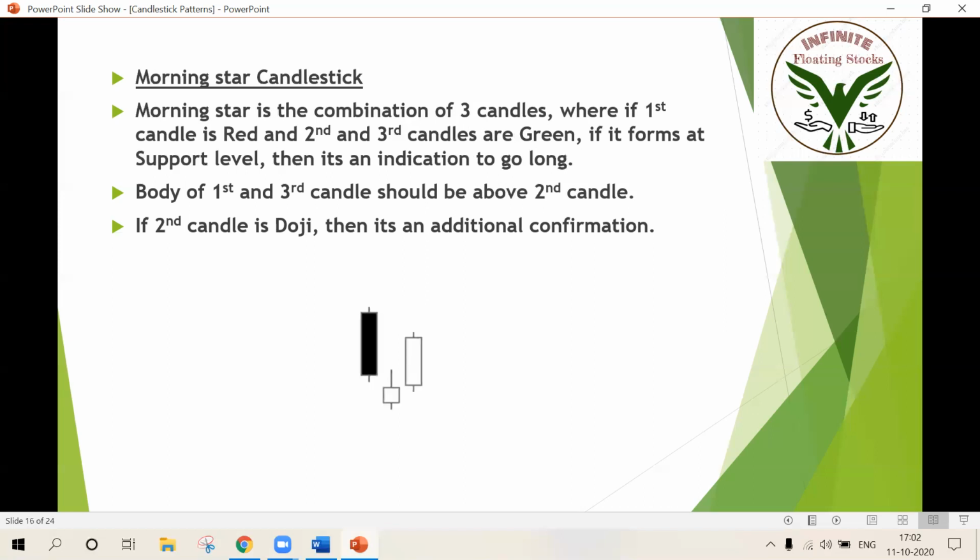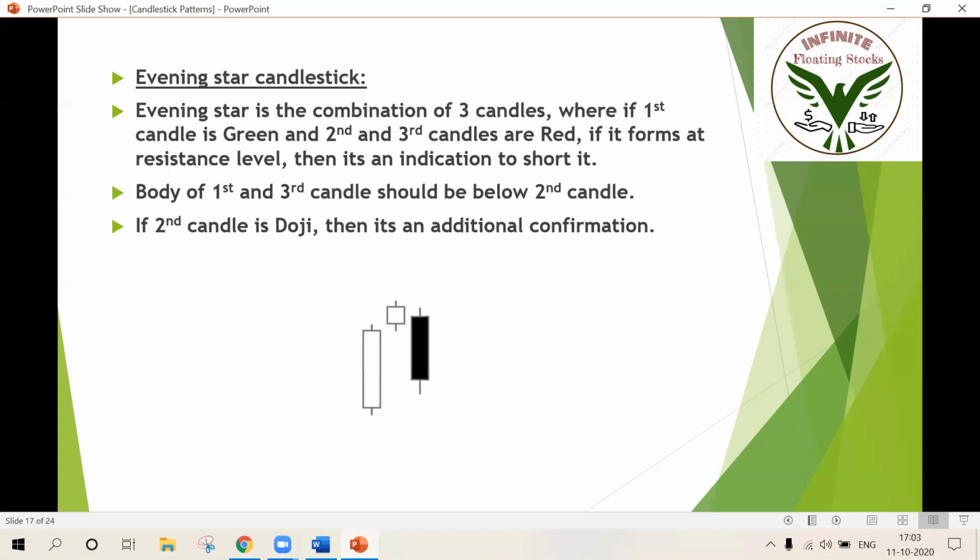I repeat, imagine the morning star is the Sun that will rise in the morning. Rising is like buying pressure. So the morning star candlestick pattern is a bullish candlestick pattern, and if you find it at a support level, you should go long. And for evening star, again imagine the Sun.